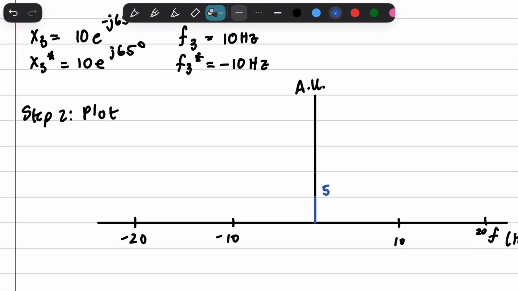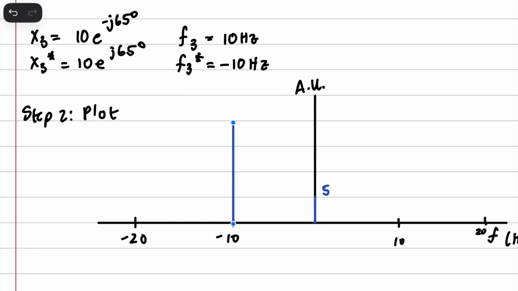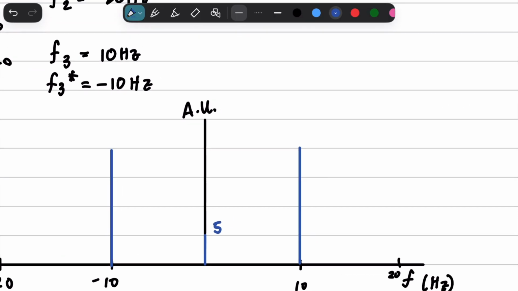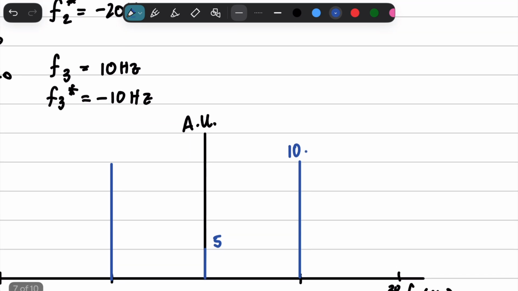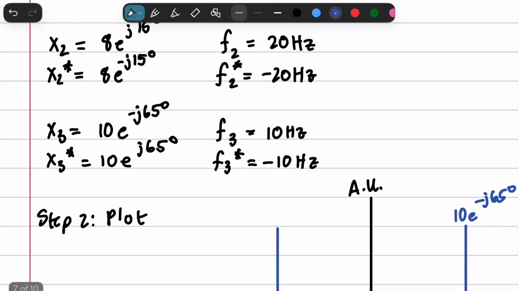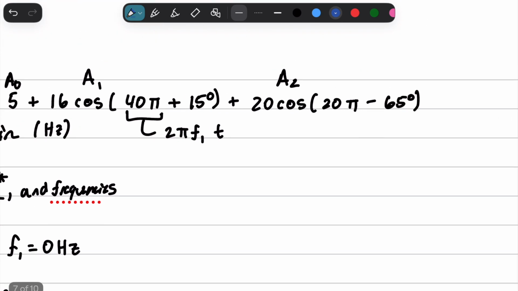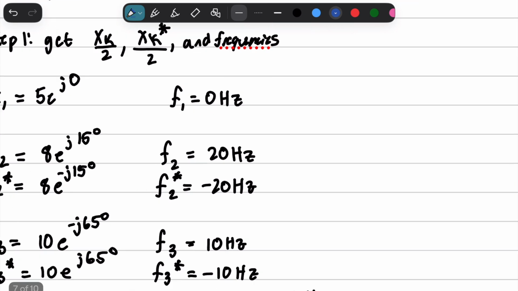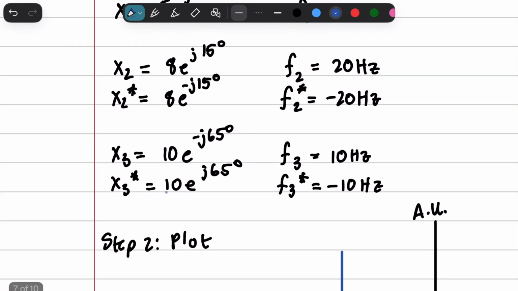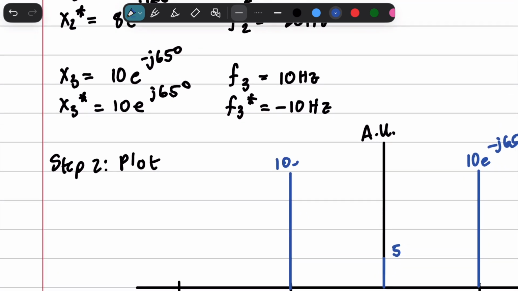And right here, we're going to have a pretty tall spike. And then the same identical spike is going to be on this side. And this is going to be 10, right? The amplitude is 10. E to the -j 65 degrees, because we originally, in the real part, we have -65 degrees, but in the negative frequency part, we have a positive 65 degrees to be the counterpart.